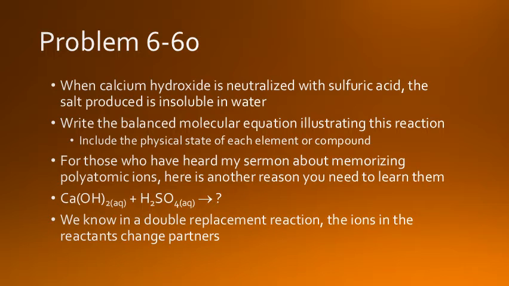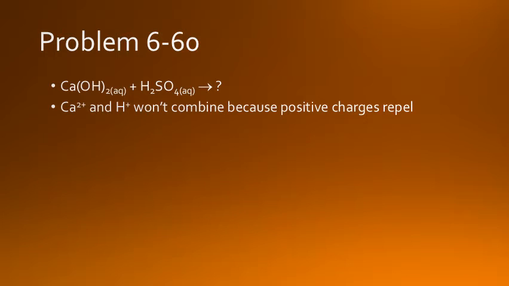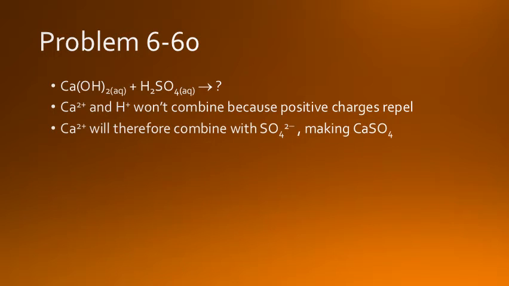So we know in a double replacement reaction, the ions in the reactants change partners. Calcium and H+, they won't combine because they're both positively charged and they'll repel each other. That means that calcium 2+ will combine with the sulfate, making calcium sulfate. That's one of our products.